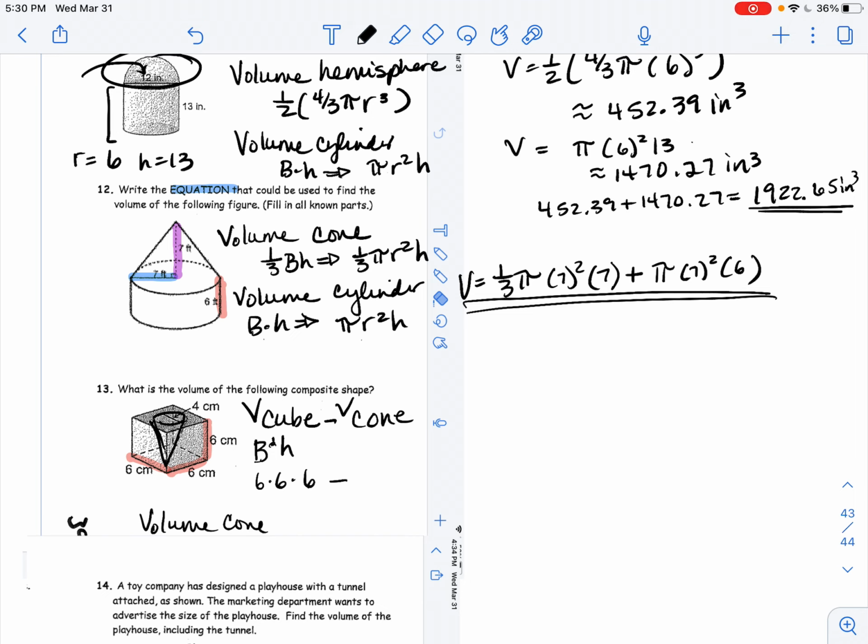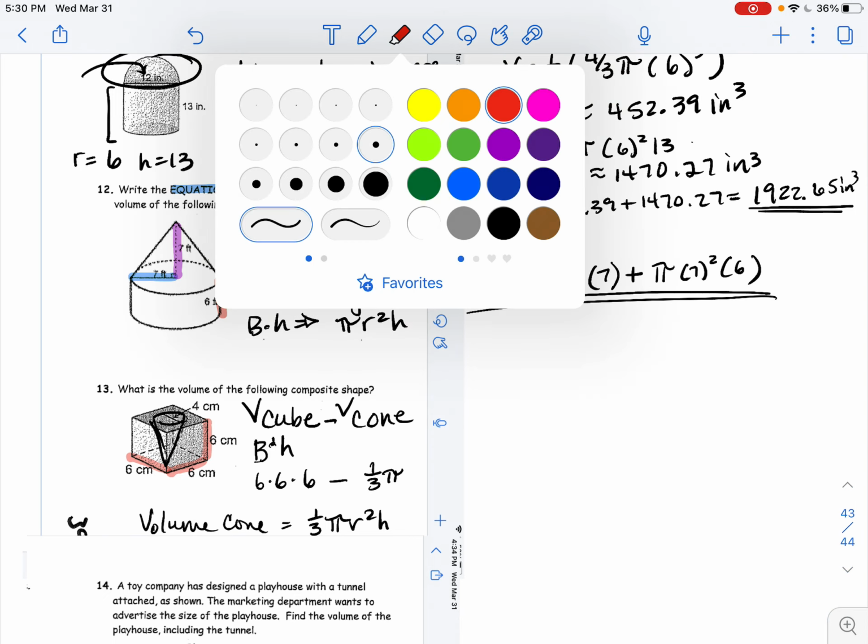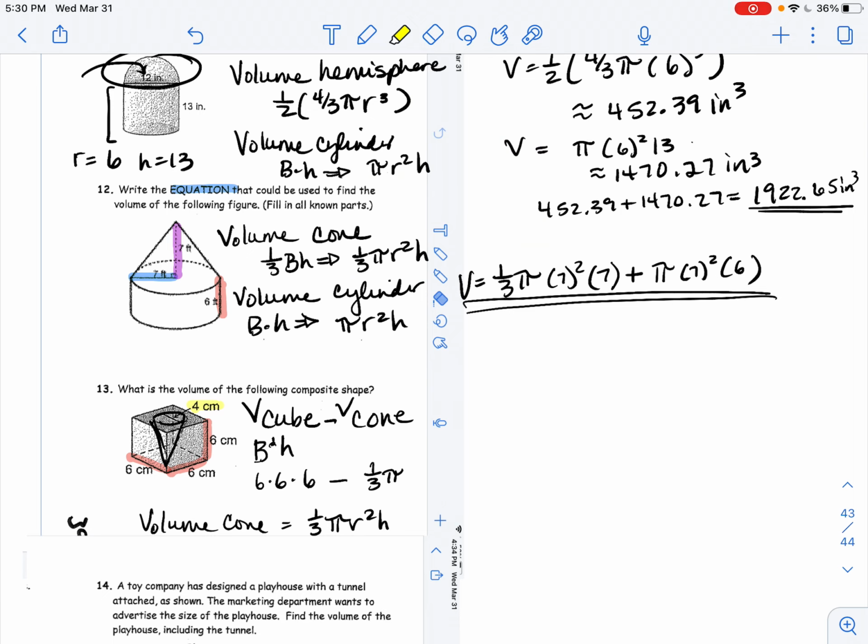And the volume of the cone is 1/3 pi r squared h. All right, and so this would be minus 1/3 pi, the radius. Okay, so we can see that on the cone, the diameter is 4, so the radius is going to be 2. And then the height of the cone is the same as the cube, so that's times 6.